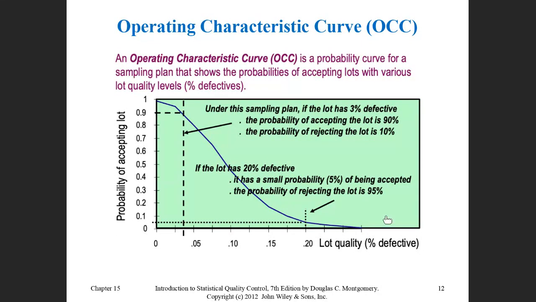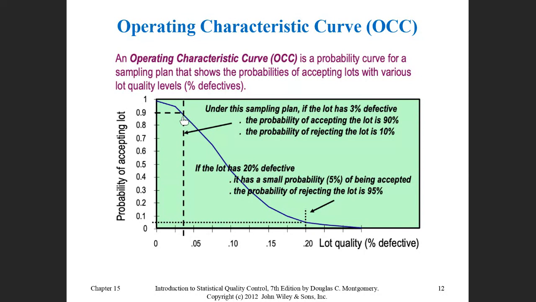Here it will help you to see where you can accept a lot and where you can reject. If you have set the percentage of the defective to be under a certain number out of the sample, then that number will be converted into a percentage. This percentage will show the relation of the probability of acceptance that is set by the consumer, and then you can draw this curve, and this curve will show the points.